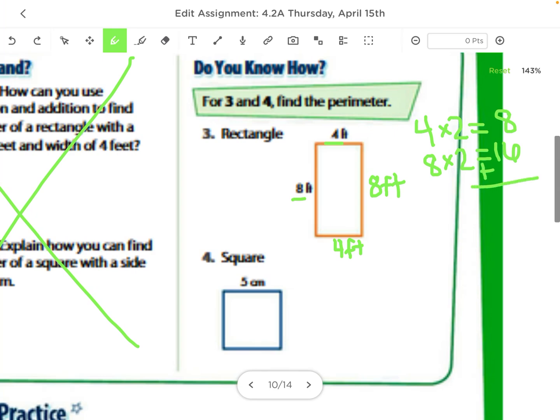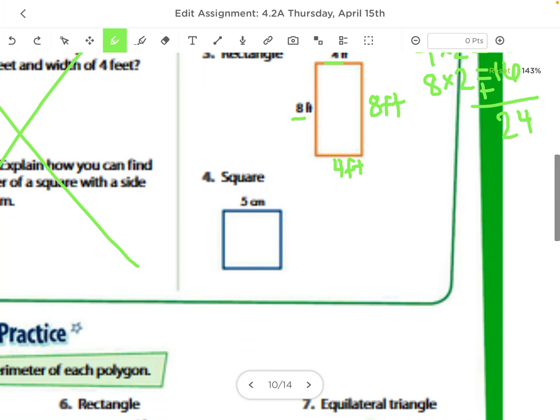Now we can add those together. What is 8 plus 16? 24. 24 feet is the perimeter. And we'll write a P equals. That's how we'll show that the perimeter is.